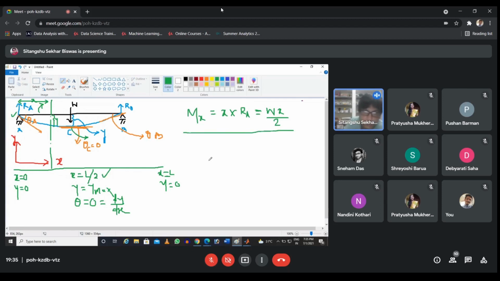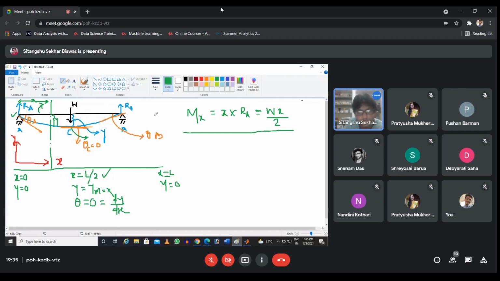Now if we recall our basic formula, there is one more consideration for solving this problem: the entire structure will not experience any permanent deformation.